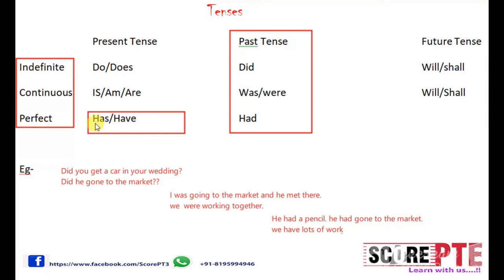Whenever we use she or he, meaning a singular item, then we have to use has, and if we use have then we have to use a plural subject, meaning you, they, them. And in past tenses we have only one form, had. We will use it in both forms, singular and plural. He had, we had, you had. It will be used on both sides.